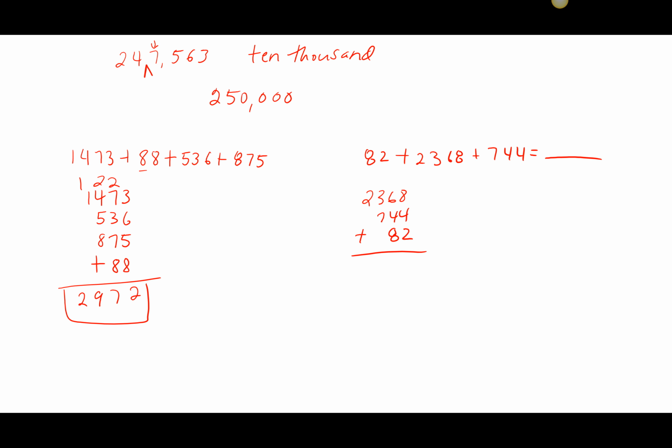And you put them in a column, so you put them all straight, as best you can, in a column. Okay, so that's going to be 14, carry 1, and that's going to be 19 and carry 1, and that's going to be 11 and carry 1, and 3. So 3,194. Okay, real quick on just how to do basic addition.